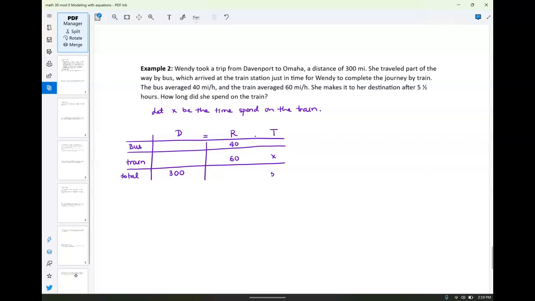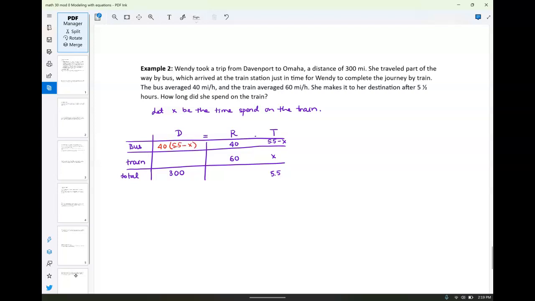If the total travel time is 5.5 hours, then the time spent on the bus will be 5.5 hours minus x. From here, I can create my equation. The distance equals rate times time. So the distance traveled by bus is 40 times (5.5 minus x).